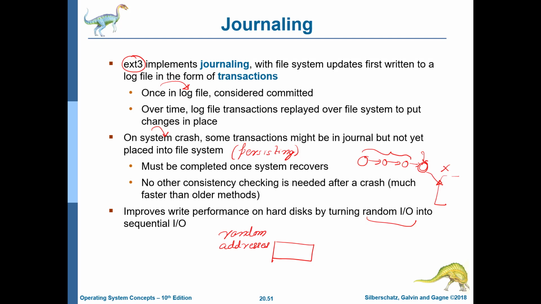In the sense, we write to one address and then immediately write to another, very different address. So the head of the hard disk has to seek and go to the new track and then be on the right sector and so on. That delays things.